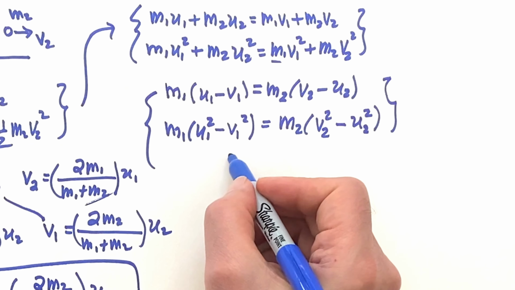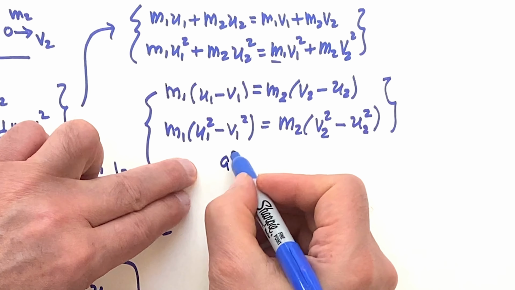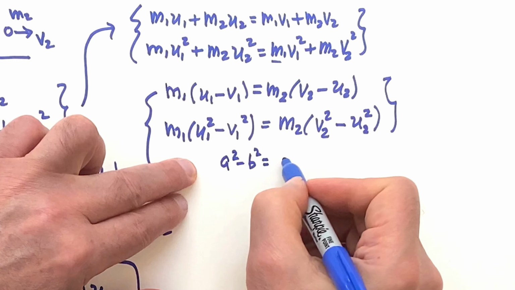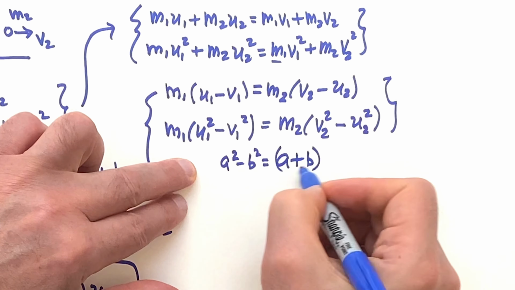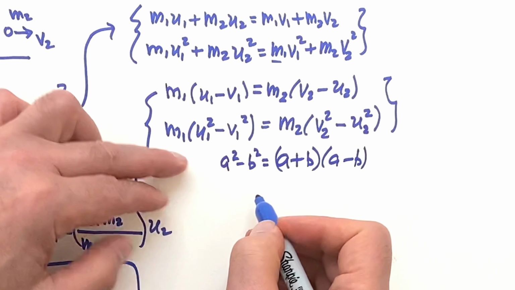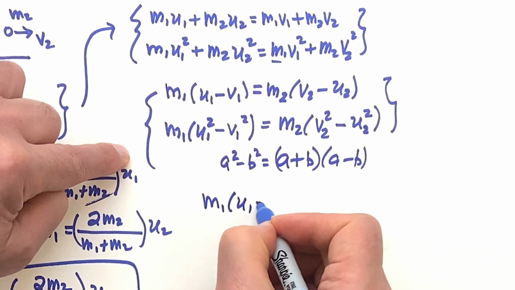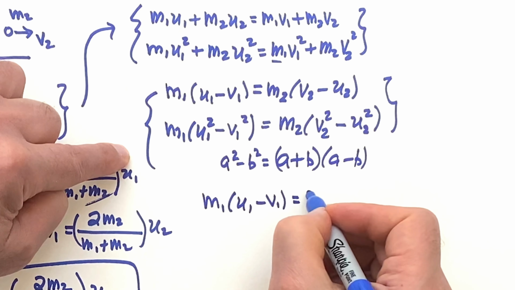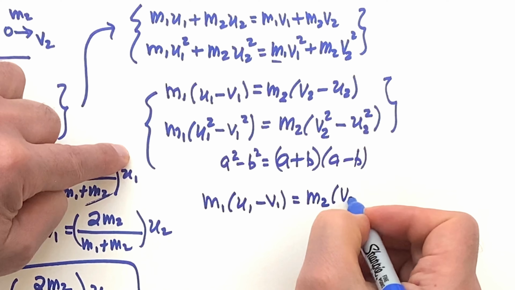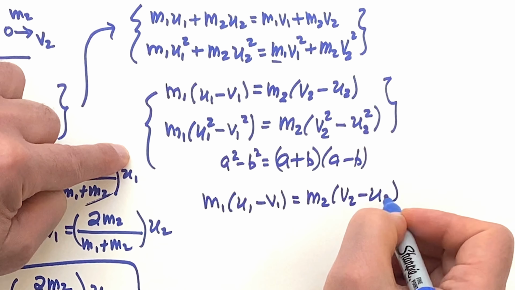Then we can do the trick we did last time, where if you have a squared minus b squared, you can write that as a plus b times a minus b. So the first equation is not going to change. That's going to be the same. But the second equation will change.